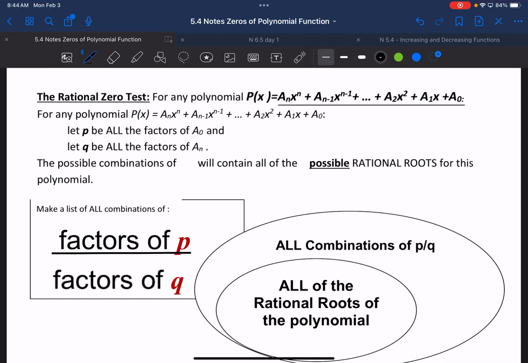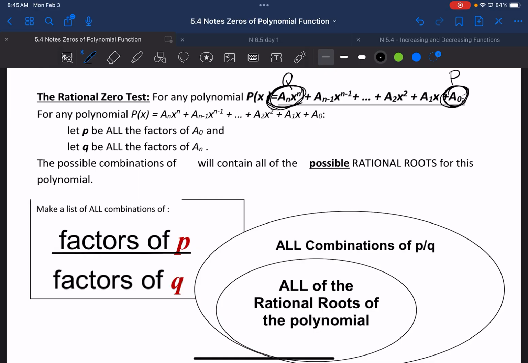Okay, we are going to call the first term of our equation, so the highest degree, we'll call it Q. And then our lowest, all the way at the end, whatever it happens to be, we'll refer to as P. Okay, and it says for any polynomial where it's in standard form, like this equation, let P be all the factors of this last term, right? And Q be all the factors of the first term.